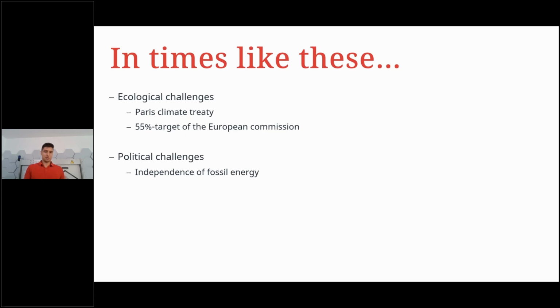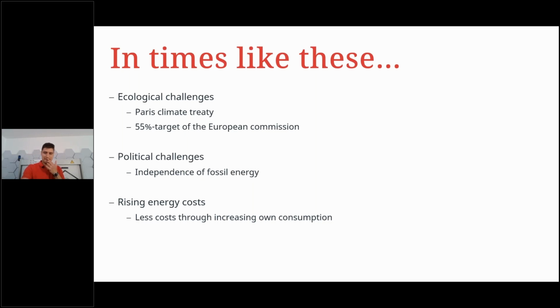And not just ecological challenges, we also face political challenges. You see the war in Ukraine, and connected with it the dependency on fossil fuels and the wish to be independent of other countries when it comes to our energy supply. And as a consequence of the ecological and political challenges, we saw rising energy costs. This is something that I think most of us experienced.